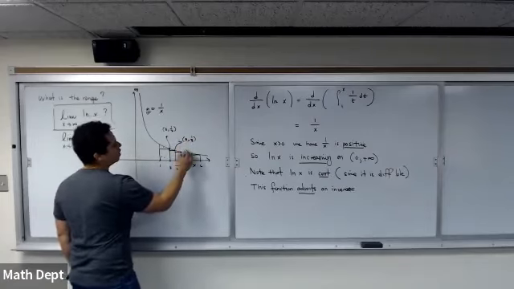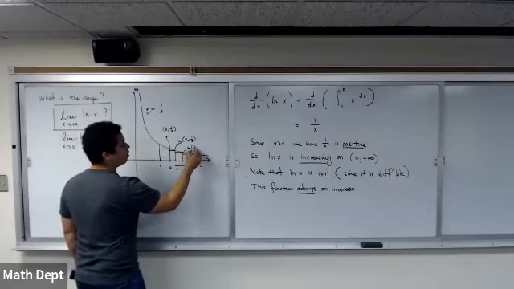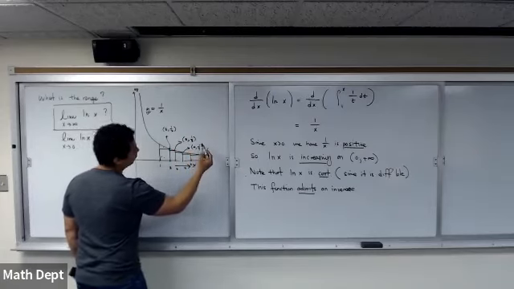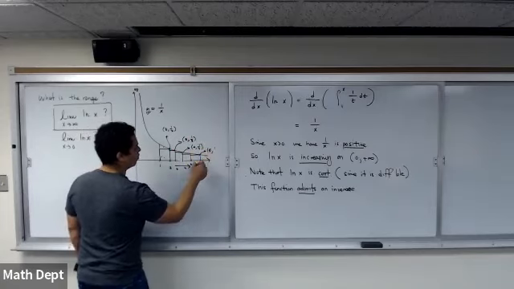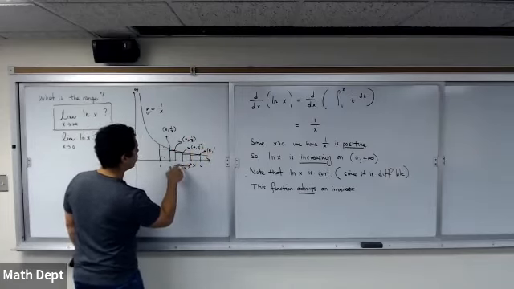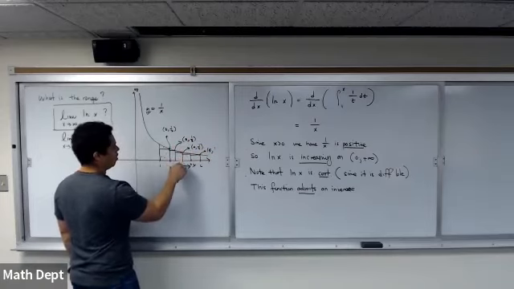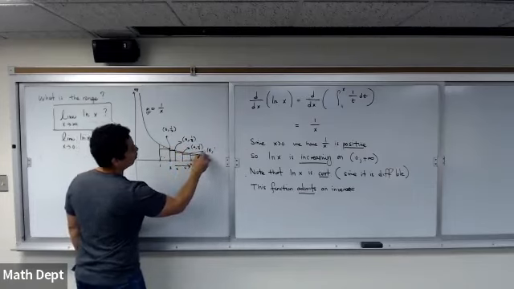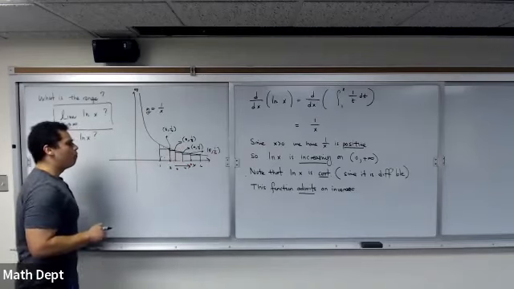This one is given as 4 comma 1/4. This one should be 5 comma 1/5, and so on.